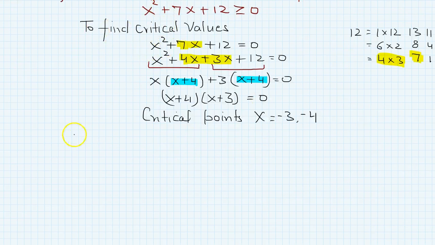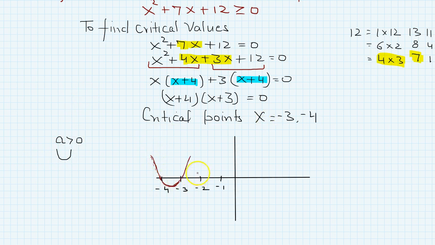Now here we know that a is greater than 0, so the shape of the graph is an upward graph passing through negative 3 and negative 4. Now our inequality is greater than or equal to 0. So we can interpret it as y is greater than or equal to 0, which is the area above the x-axis, where y is all positive.